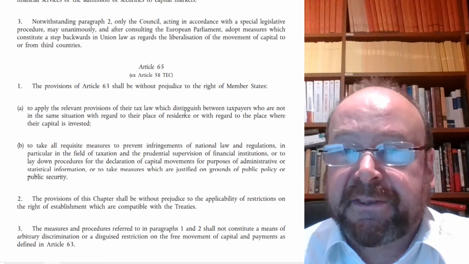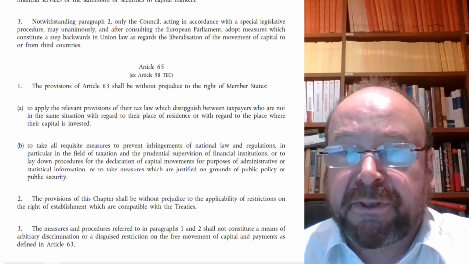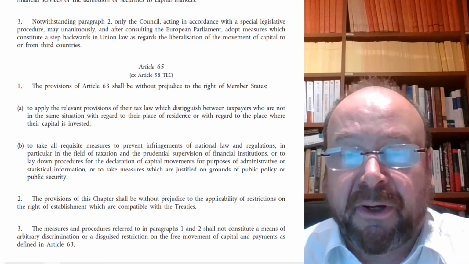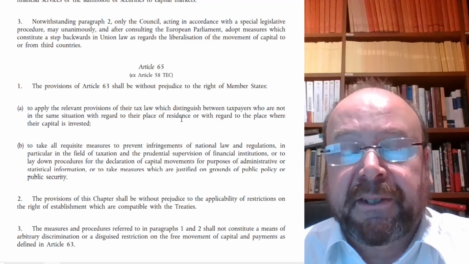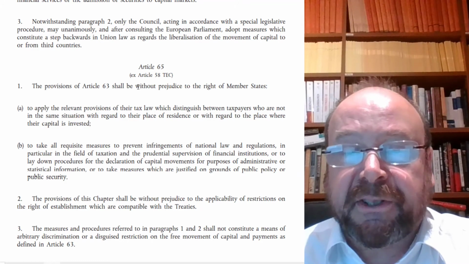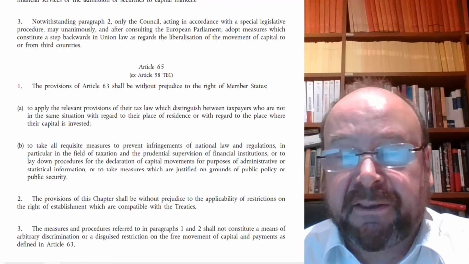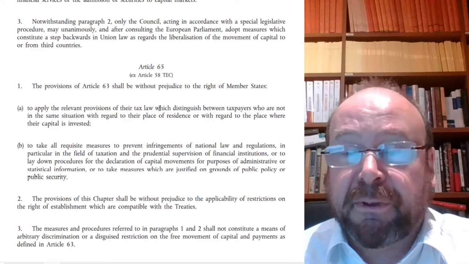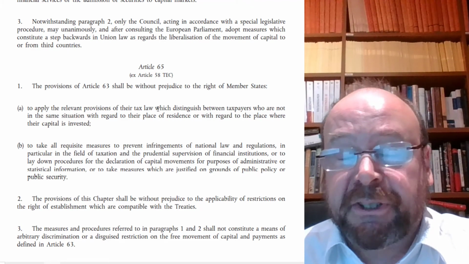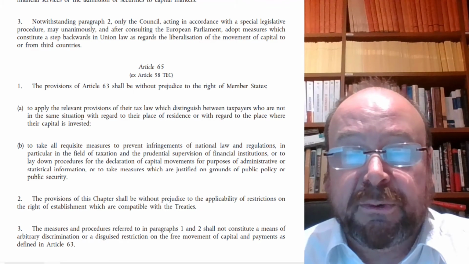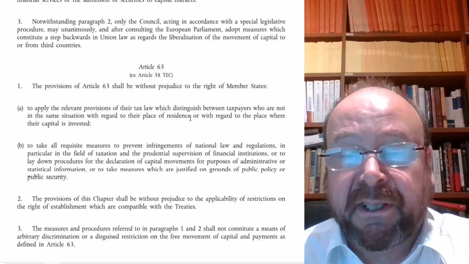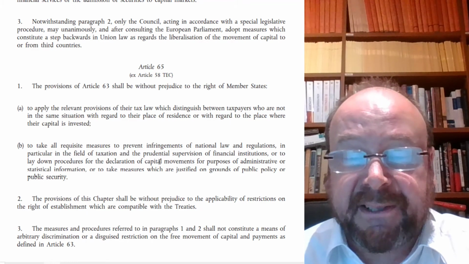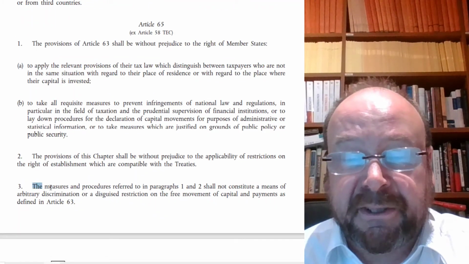Article 65 says which restrictions are allowed, or what things are not restrictions which are forbidden. So 63 is without prejudice, so does not harm the right of member states to apply the relevant provisions of their tax law, which distinguish between taxpayers who are not in the same situation with regard to their place of residence or with regard to the place where the capital is invested, but that right is limited.